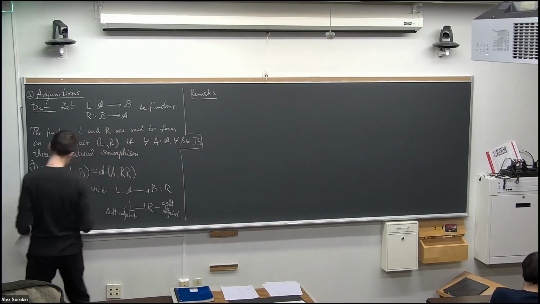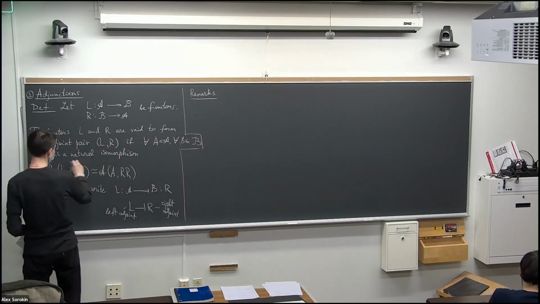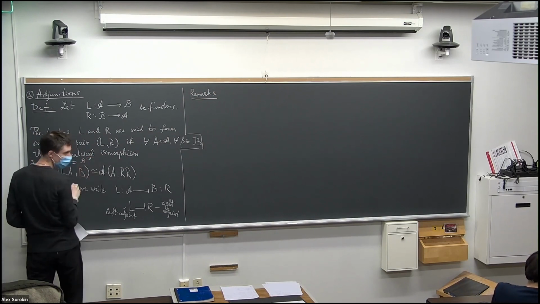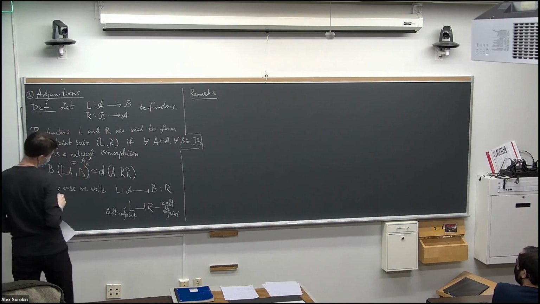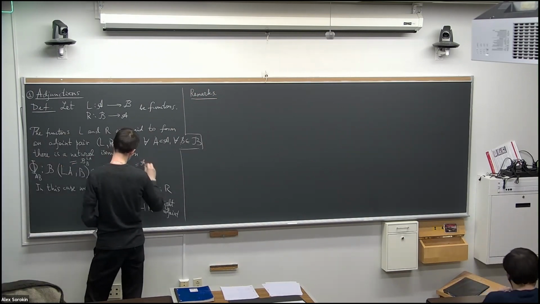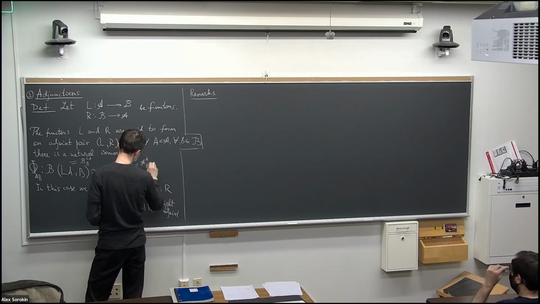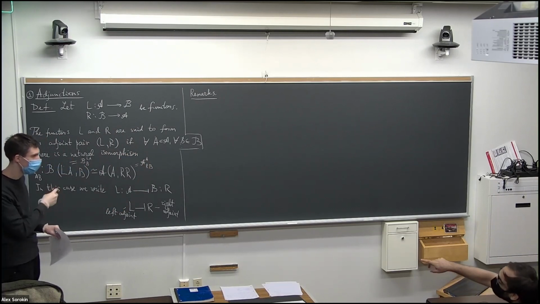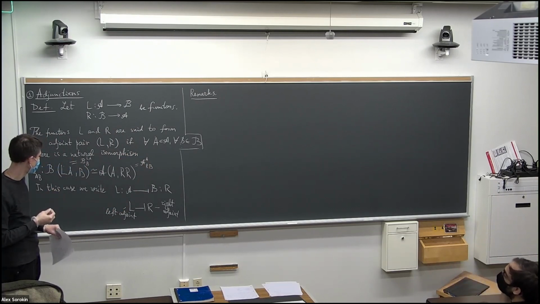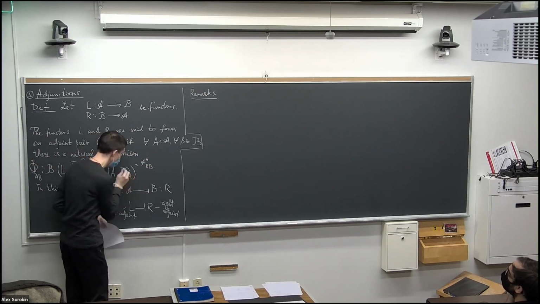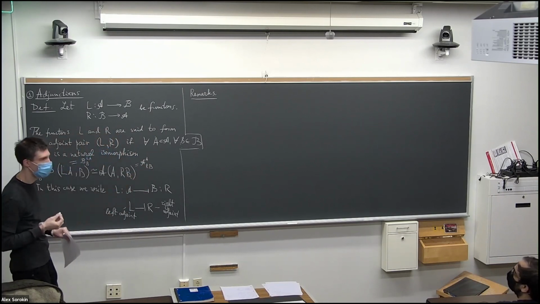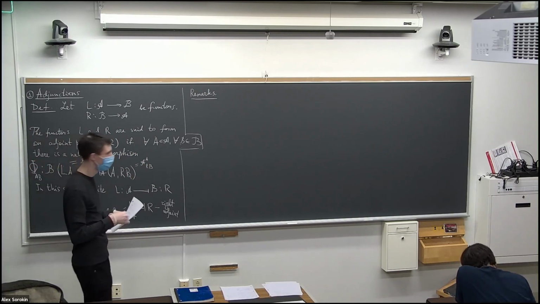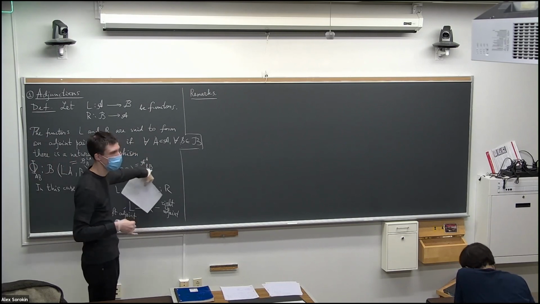If you remember, last time I denoted this set as hom of L A, B in a hom set, and then hom of A, R B. We have the values of two bifunctors.